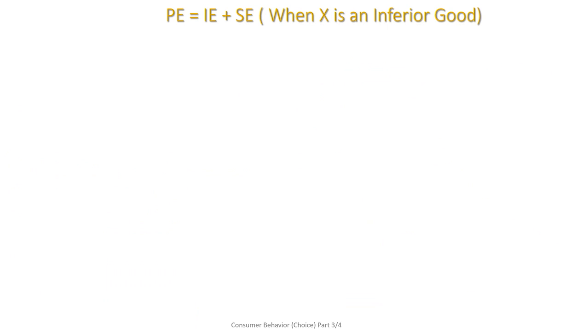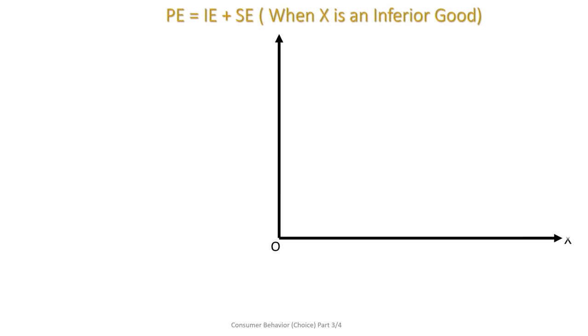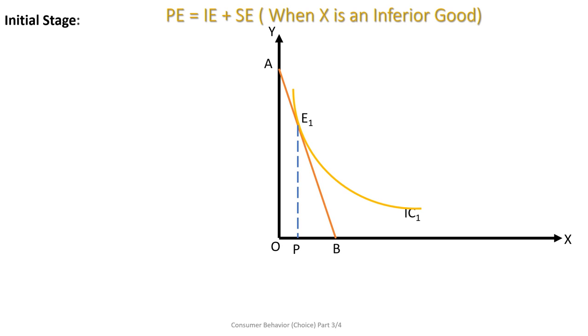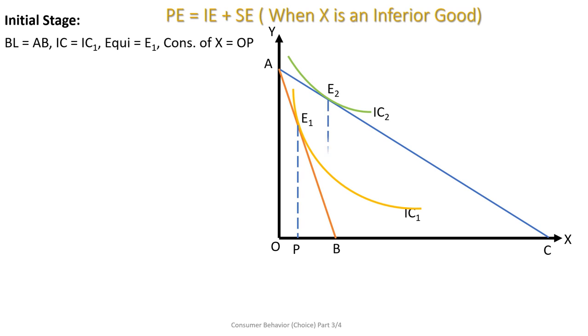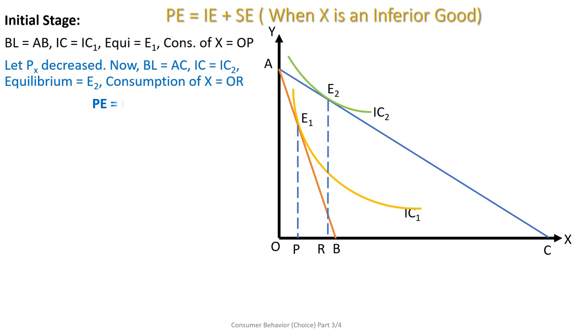Again, we assume that the initial budget line is AB, the indifference curve is IC1, and the consumer is in equilibrium at E1, consuming OP quantity of commodity X. Assume that the price of X decreased, the budget line rotated to AC, the consumer moved to IC2, the equilibrium point shifted to E2, and the consumption of X changed to OR. So the price effect is final value minus initial value.